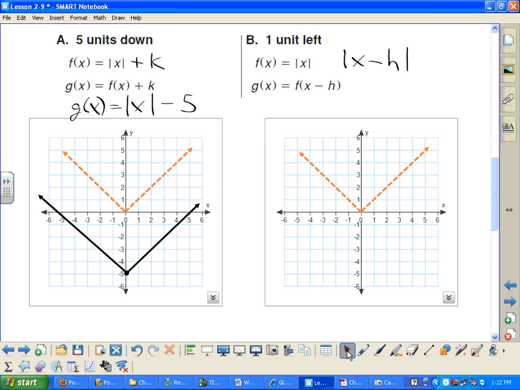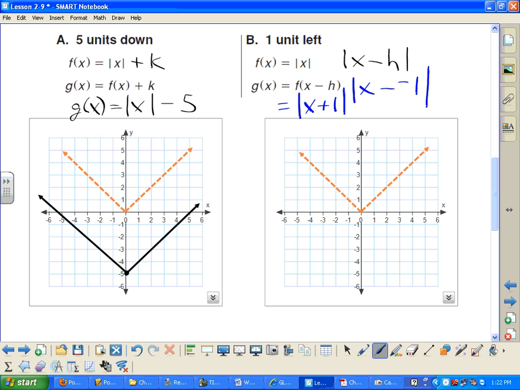1 unit to the left, that means the value of h is what? -1. So we have the absolute value of x minus a -1, which means it would be the absolute value of x plus 1. Because it's horizontal, it's inside the absolute value sign.